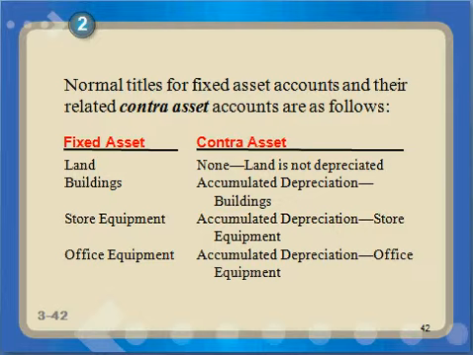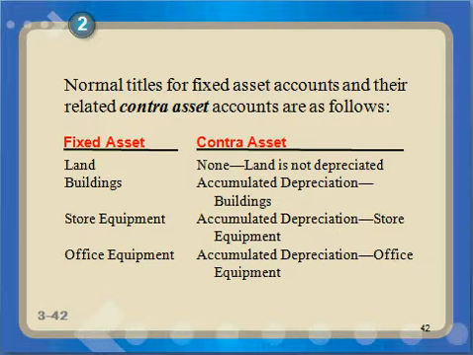These are the normal titles for our fixed assets accounts, and each one of those will have a contra account called accumulated depreciation, in which we record that depreciation expense against the accumulated depreciation account. Of course, there's no depreciation on land, so there's no contra account for land.